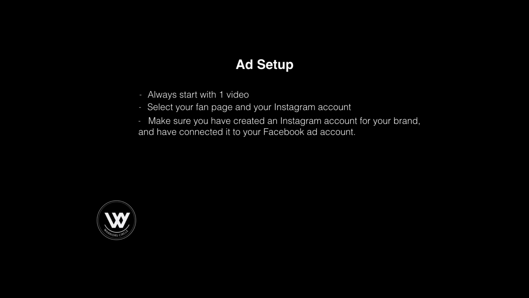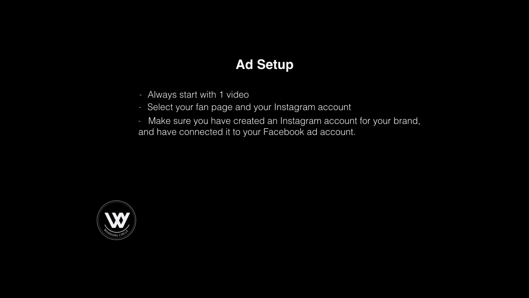Next thing is make sure you have created an Instagram account, like I said before, for your brand, and have connected it to your Facebook ad account. Now, some people haven't done this, but if you go to business.facebook.com, you can set up a business manager for your ad account. You'll need to first claim your ad account on that business manager. The second thing is that you need to claim your Facebook fan page on that ad account.